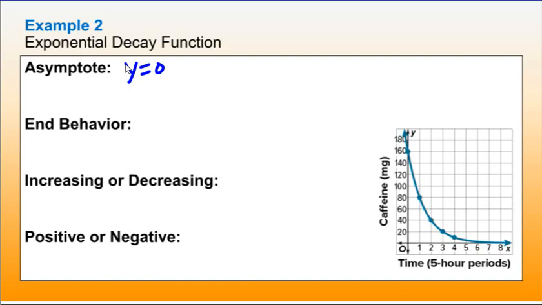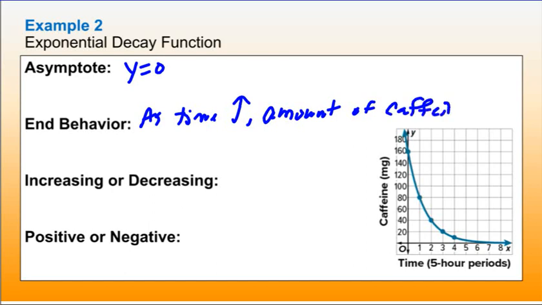The end behavior: as time increases, I'm going to use an arrow. So as time increases, the amount of caffeine decreases. But it doesn't decrease indefinitely.